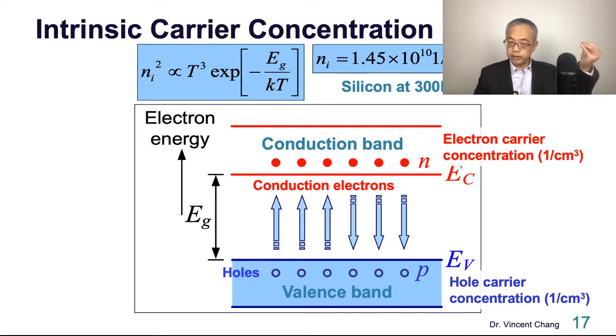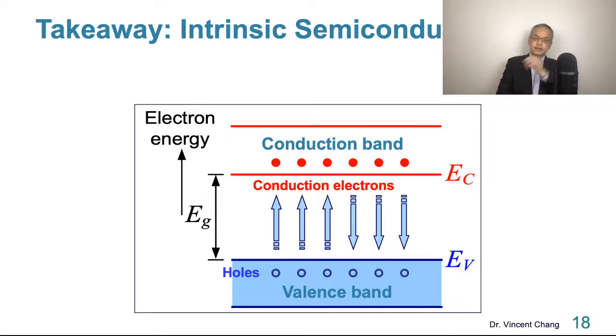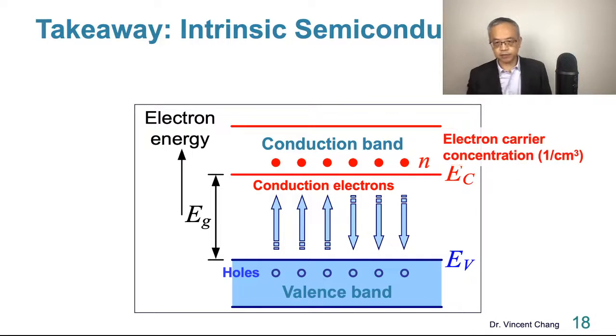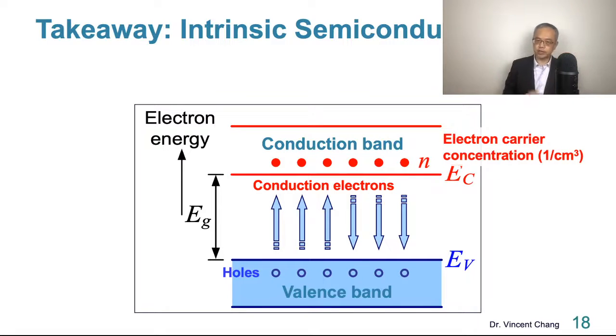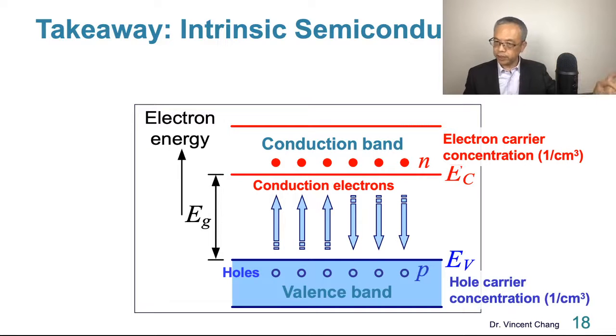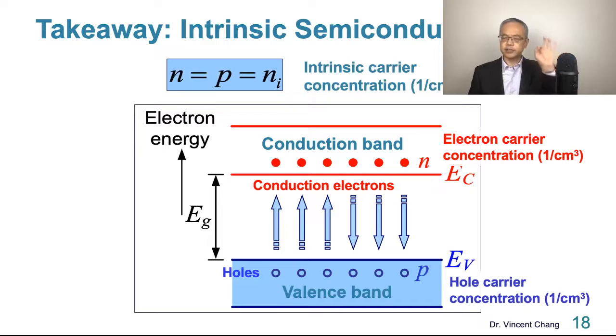So ni squared, 10 to the 20th power per cubic centimeter. So here's the summary, takeaway. For intrinsic semiconductors, n, the electron carrier concentration, equals p, the hole carrier concentration, equals ni, which is the intrinsic carrier concentration.